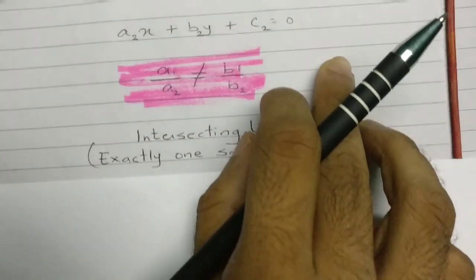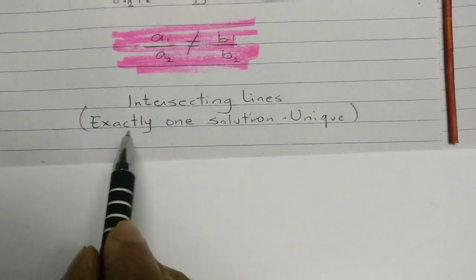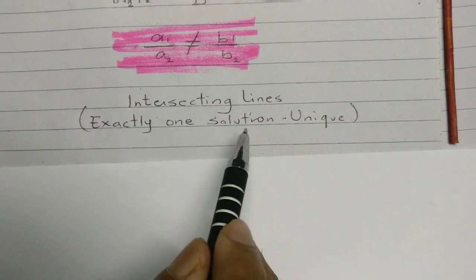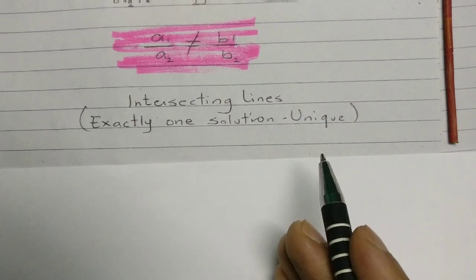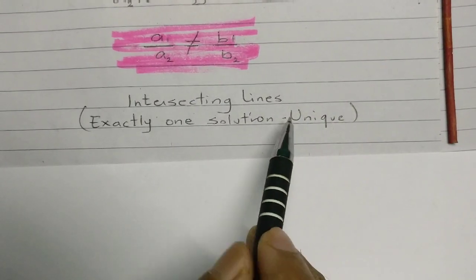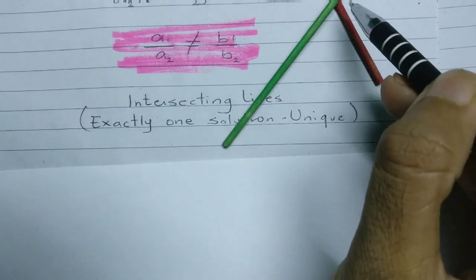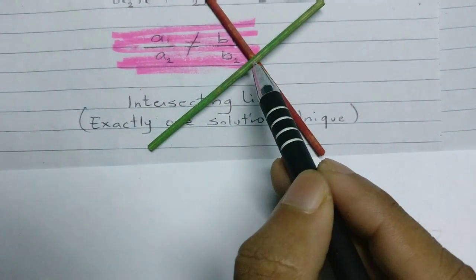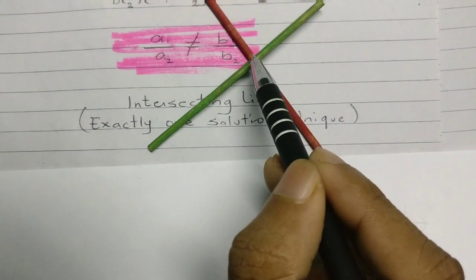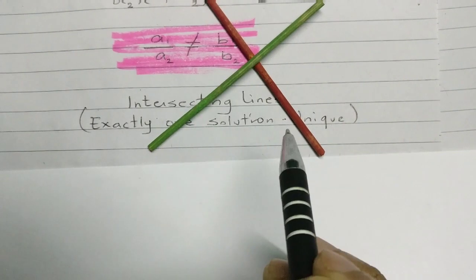That's the reason you will get intersecting lines and it has exactly one solution, which is called a unique solution. You don't have many solutions for it, you just have one solution, because this line is going to intersect only at this point, nowhere else. So you are going to have only this and only this solution.